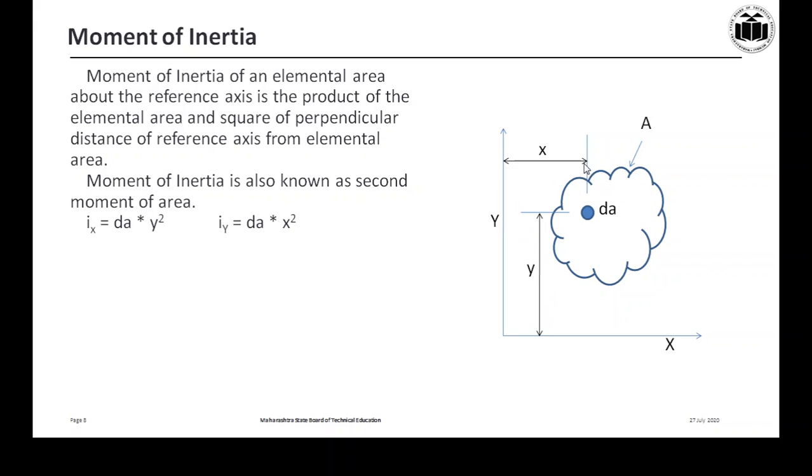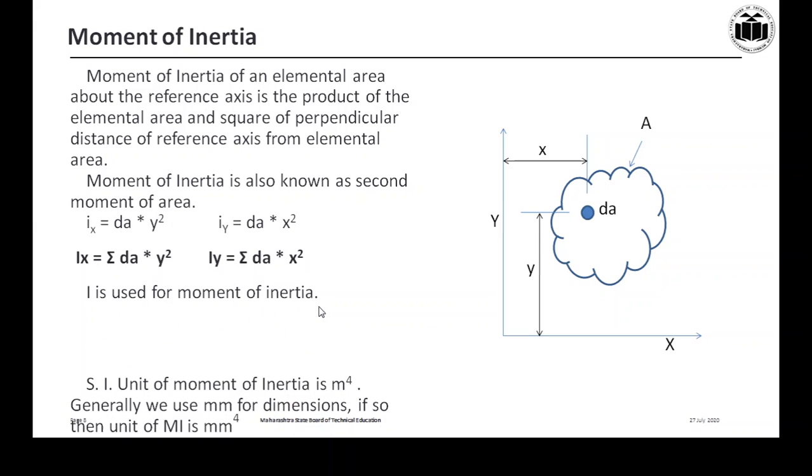Find their perpendicular distances x and y from reference axis and then find their moment of inertia and add all of them to find moment of inertia of complete area A. So Ix is given by summation of dA into y square, that is addition of all moment of inertia, and Iy is given by summation of dA into x square, where this Ix and Iy represent moment of inertia of complete area A. I is used for moment of inertia.